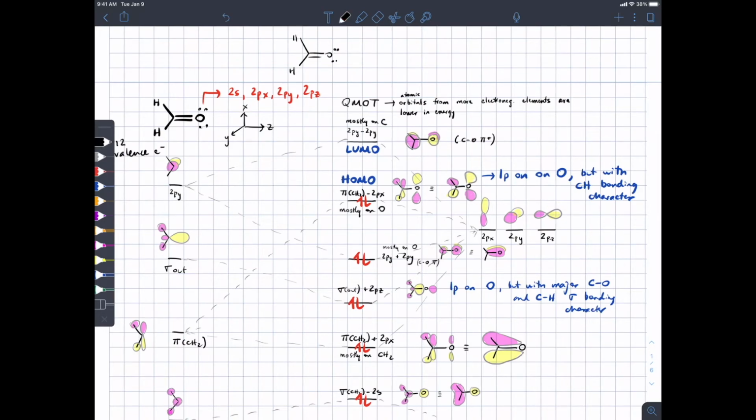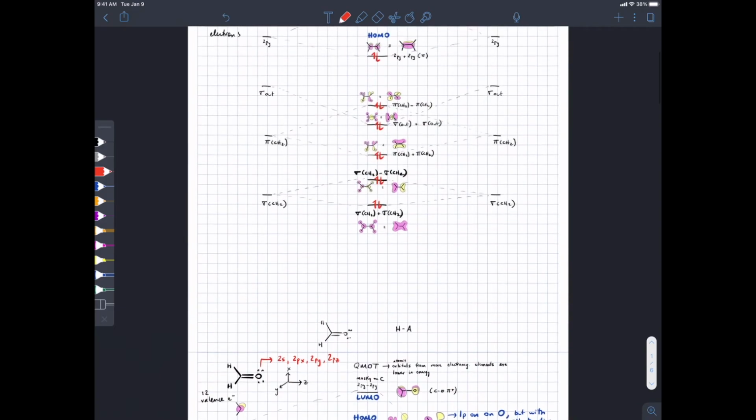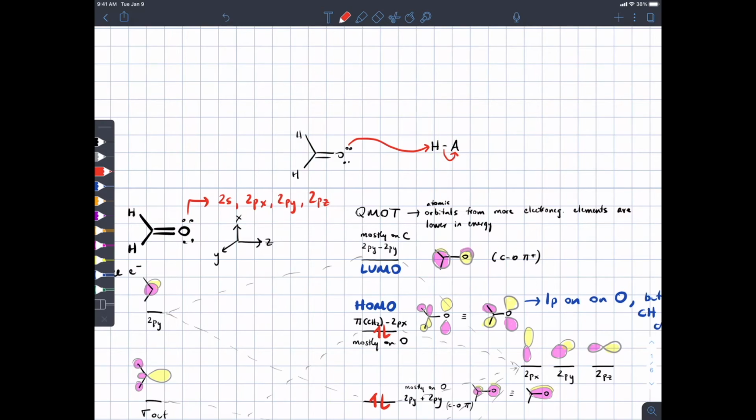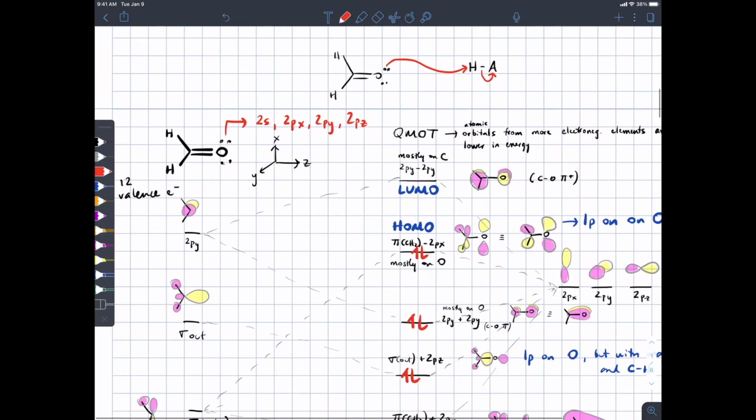And so if you were to bring a strong acid into the presence of formaldehyde, rather than pointing your arrow from the pi bond to the acid like we did for ethylene, you would have the arrow go from a lone pair on oxygen to the hydrogen of the acid. You would protonate the oxygen first. Similarly, if you were going to have a nucleophile attack the carbonyl, it would do so by attacking the LUMO, which is mostly on the carbonyl carbon. So we would draw something like that.